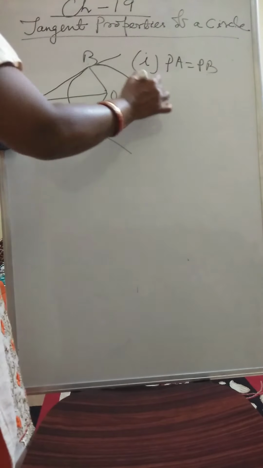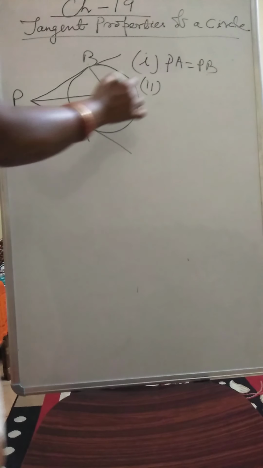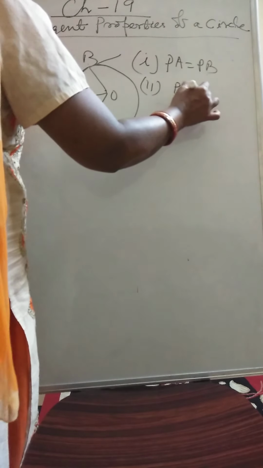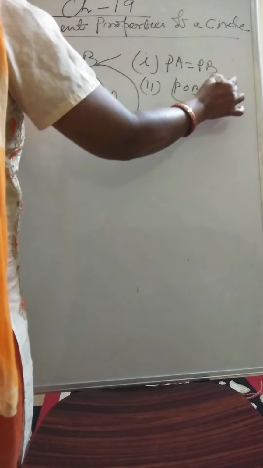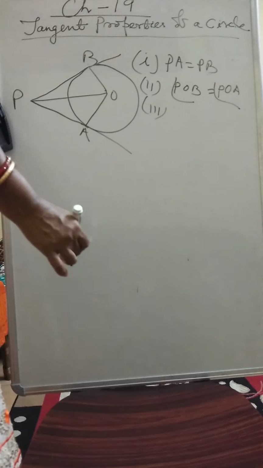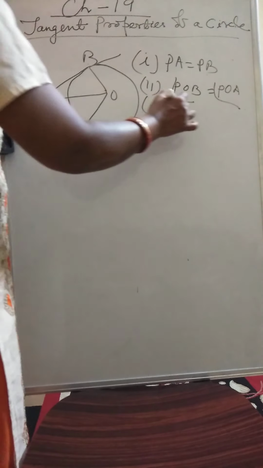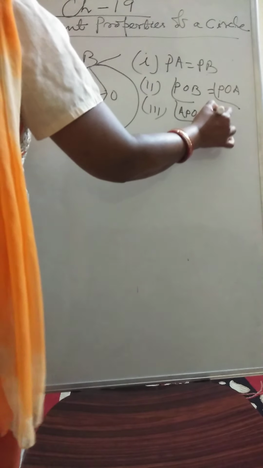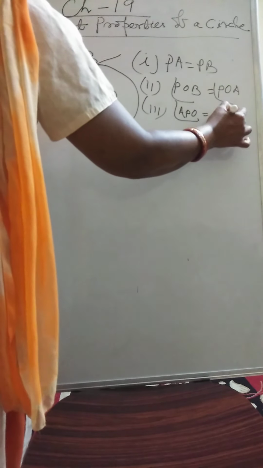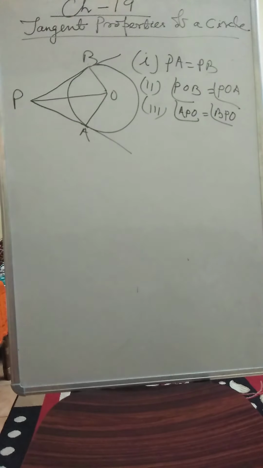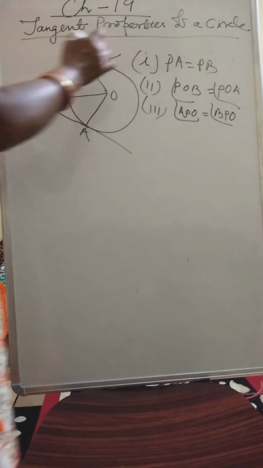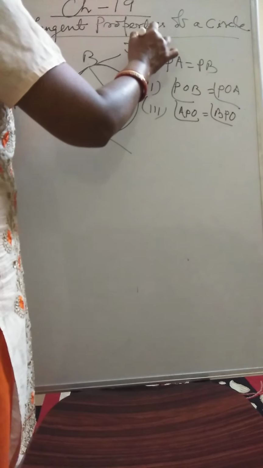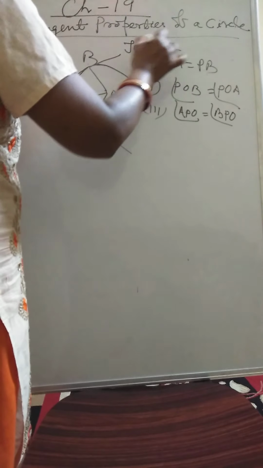Second bit, we have to write POB is equal to POA, APO is equal to BPO. When we are doing the deduction, children, we have to write the given, we have to write the to prove. This is to prove.